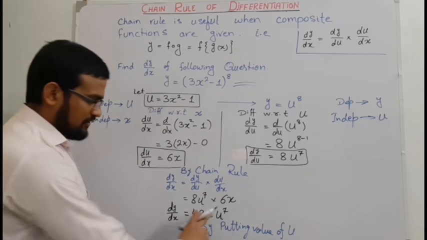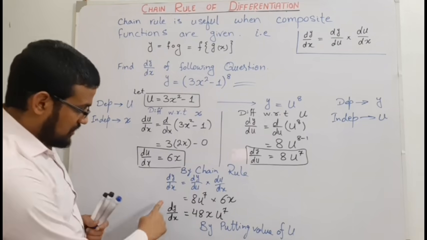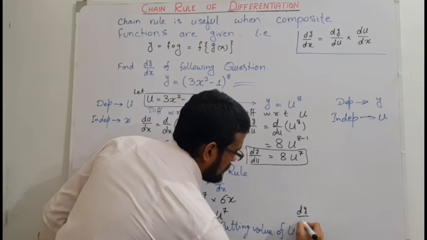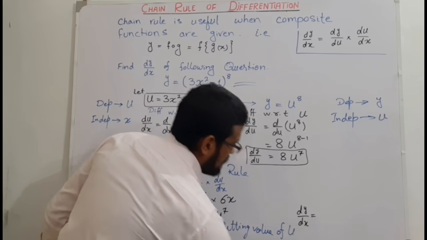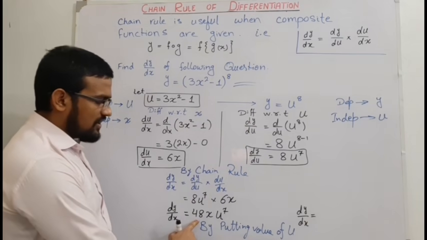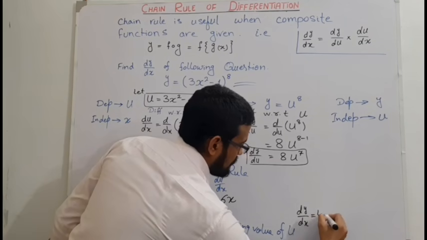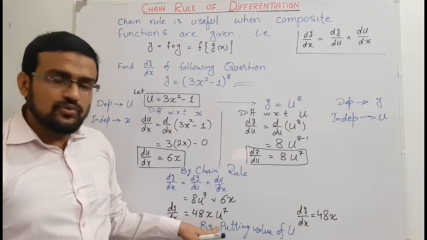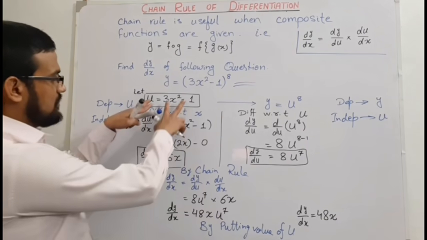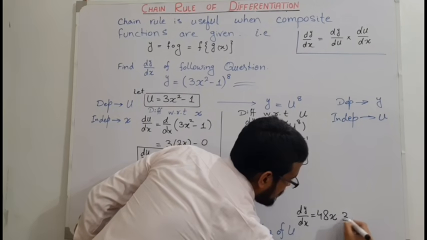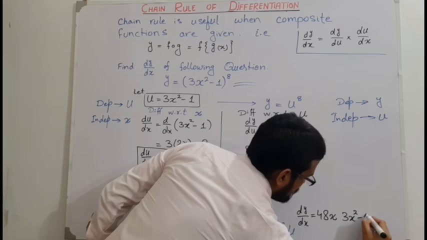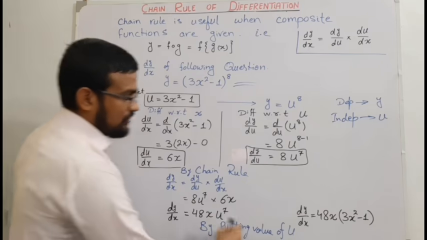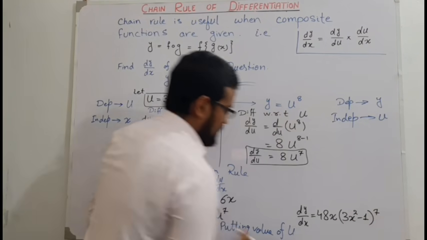the final result will be dy over dx is 48x into u to the power 7. u means this one, 3x square minus 1, and whole raised to power 7.